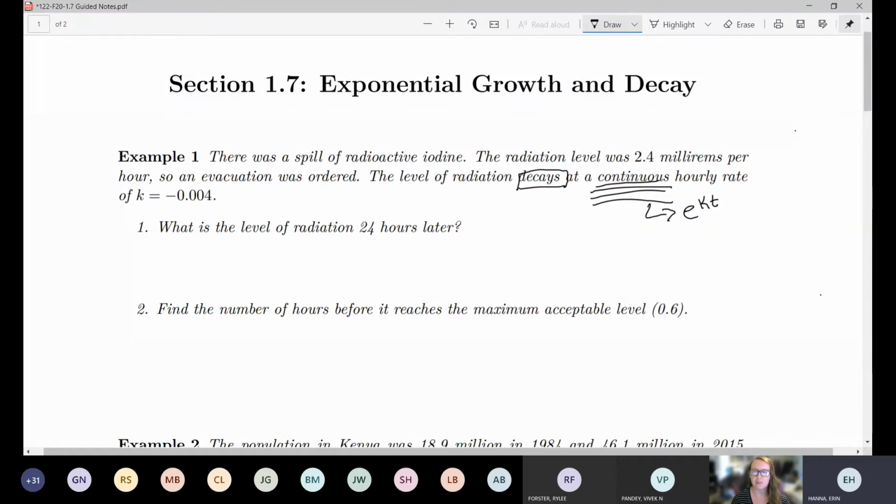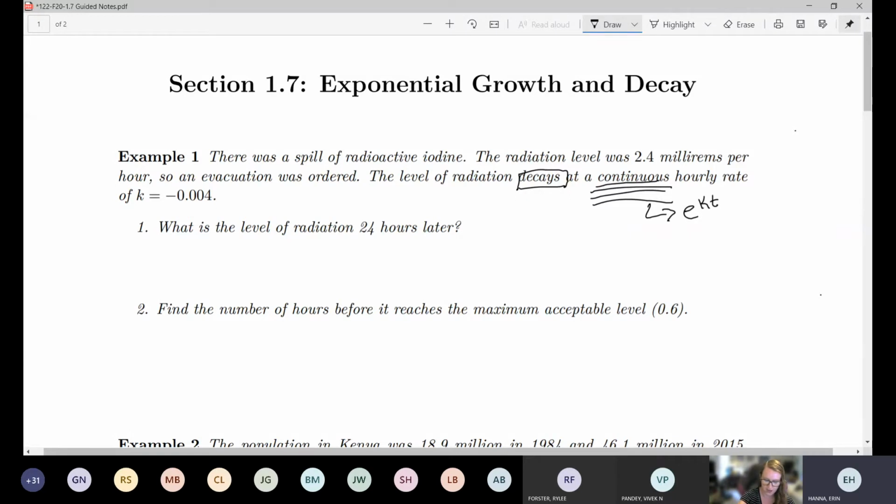But since it has that word continuous, we know we're using the e to the kt form, and since it's decay, this negative makes sense. Even if they didn't give us a negative there, since it says decay, we would have had to make it negative. So always remember that if you see the word decay and the thing you're given isn't already listed as negative, you got to make it negative.